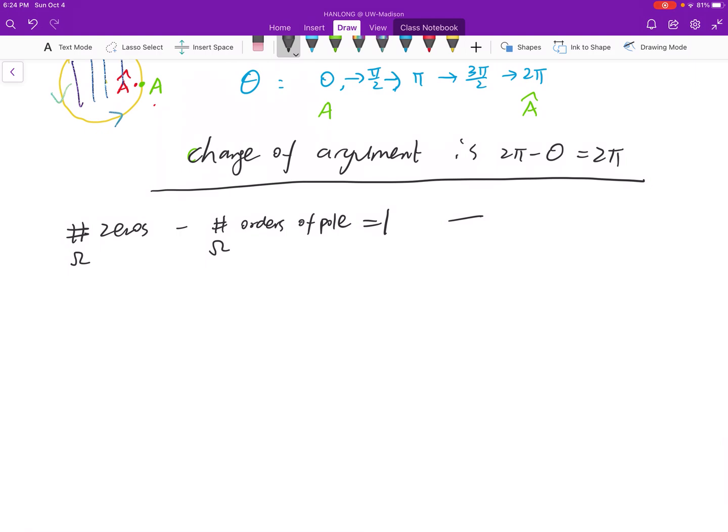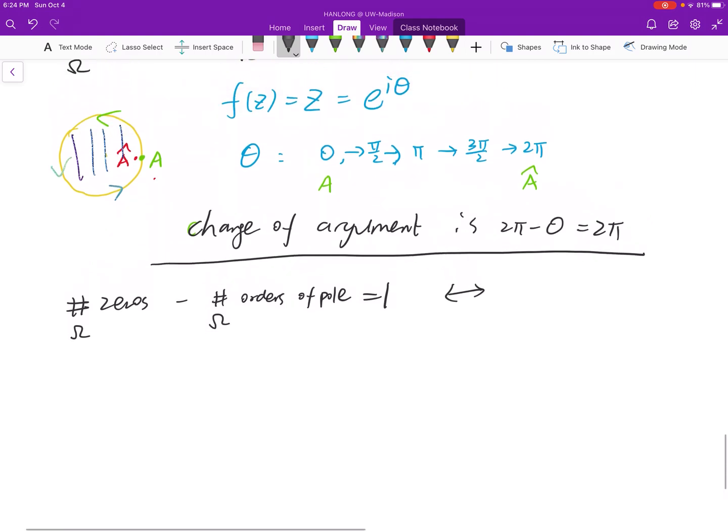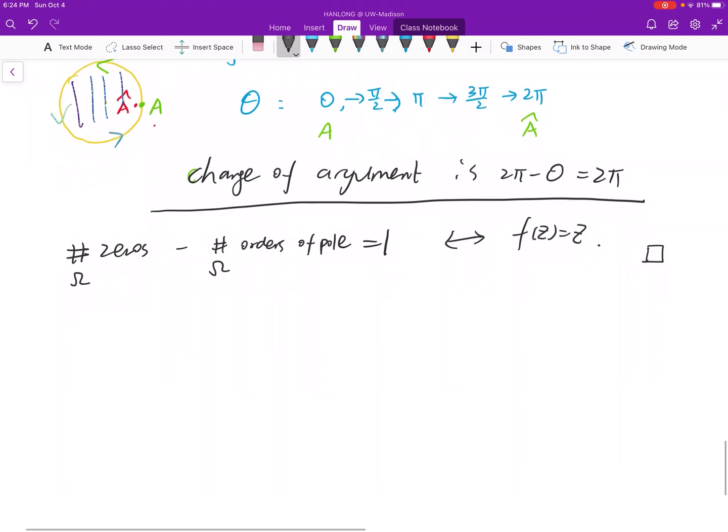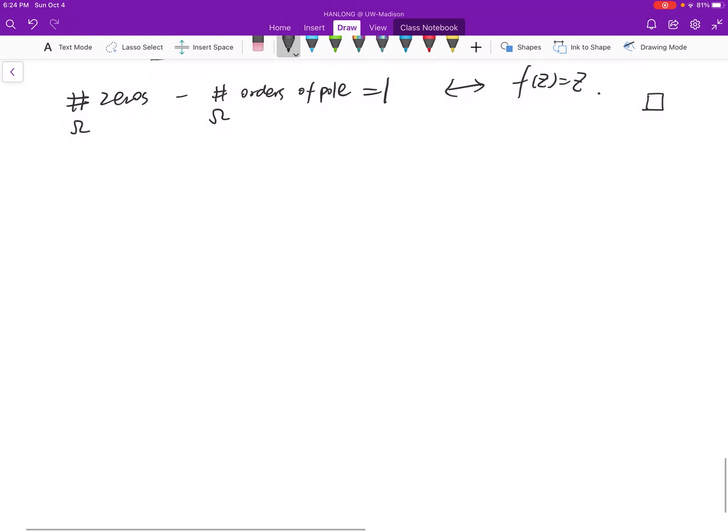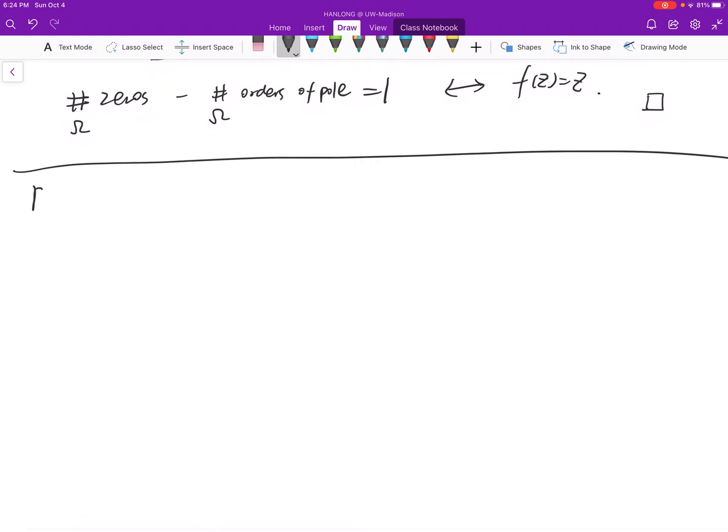And this is true because f(z) is z. So with this idea, if you put f(z) equals z times z minus 1 and draw a circle with radius 2 centered at 0, you would have the same observation. Okay, then next, Rouche's theorem.